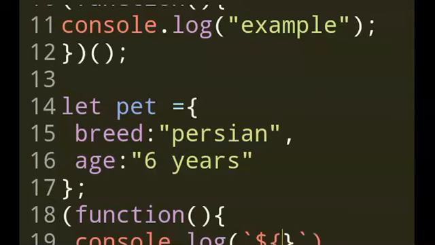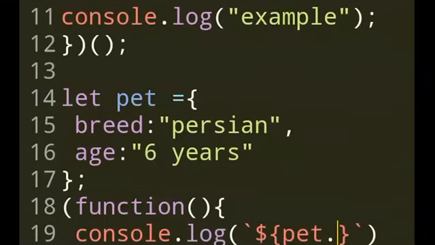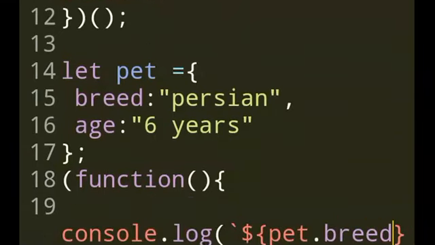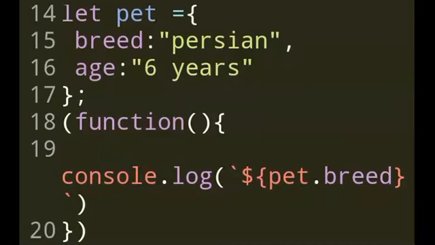So how do you access the pet breed? Remember the dot notation, pet dot breed, right? Then again $, again the curly brackets. Now you need to access the pet age. So dot notation, pet dot age.